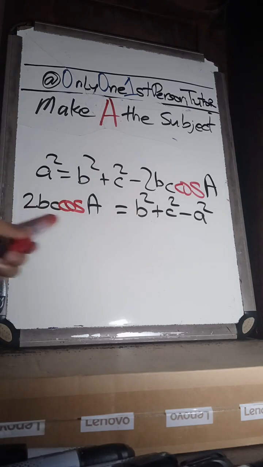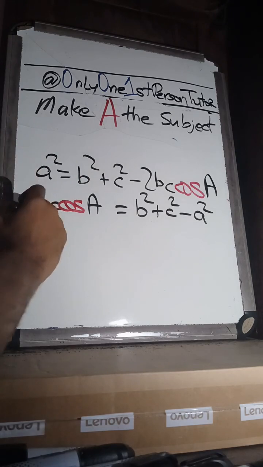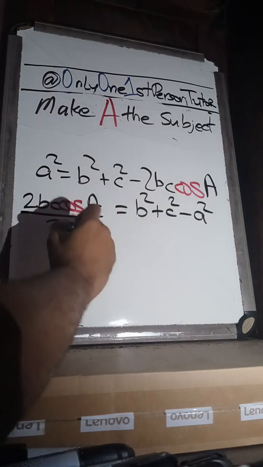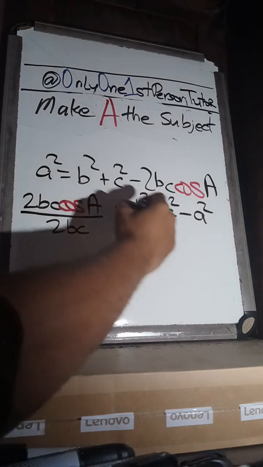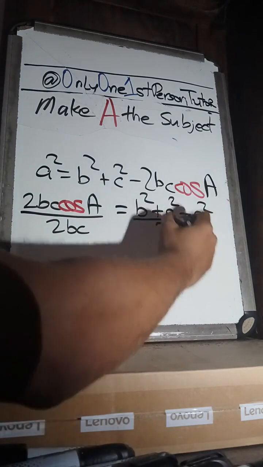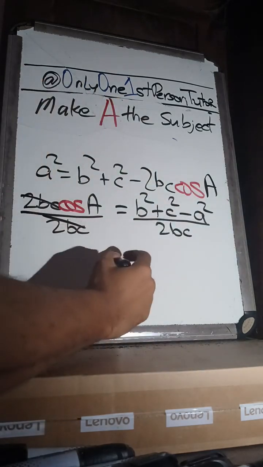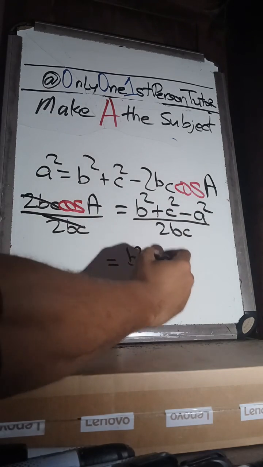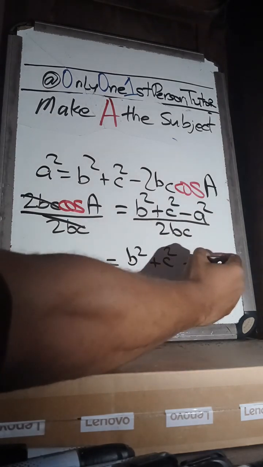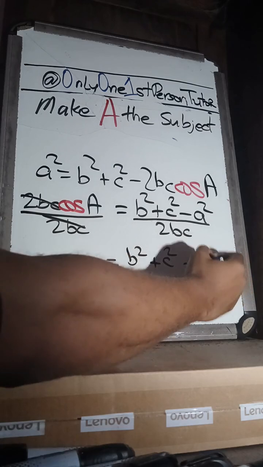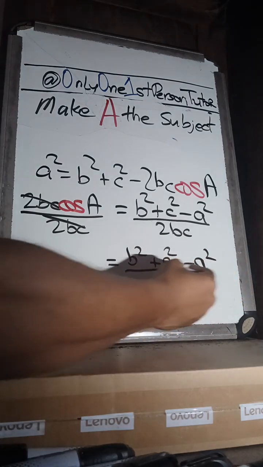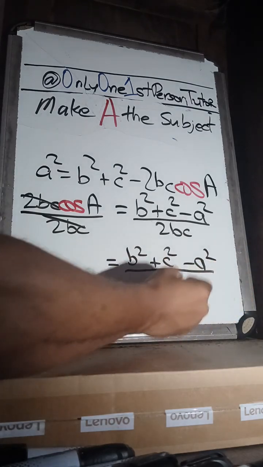You want to get rid of this to the left. So divide this by this. And what you do to the left, you do to the right. Now if you're using a cosine rule or you're doing bearings, you are using this formula.